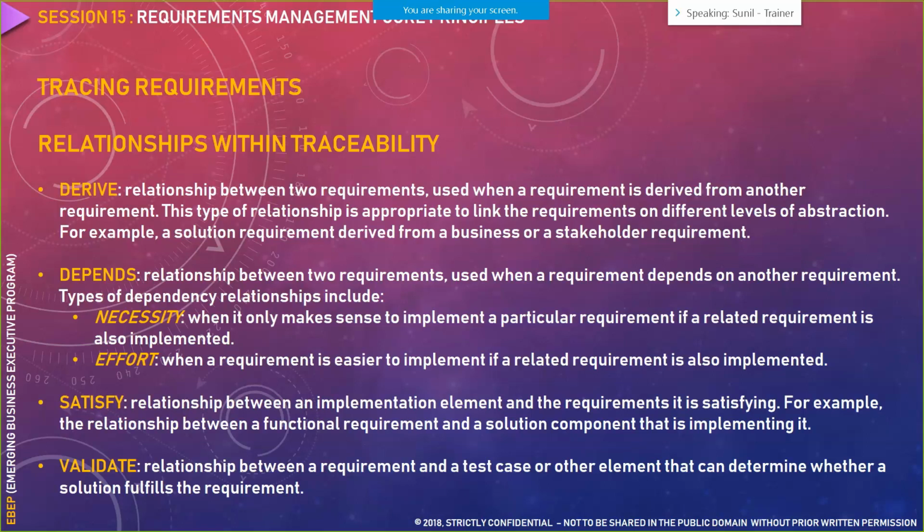So whatever elements they are linked to, it has to complete all those elements, right from your BRD to FRD till your use cases, UML, process flows, test cases, whatever is linked with that particular requirement. Until and unless they are complete, we cannot validate that particular requirement. So that's a validate relationship when it comes to requirement traceability.